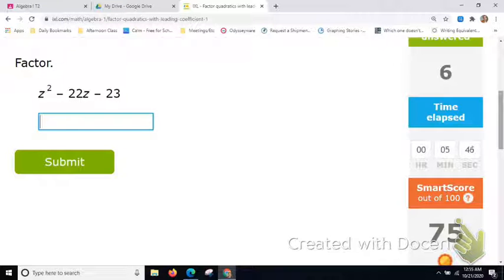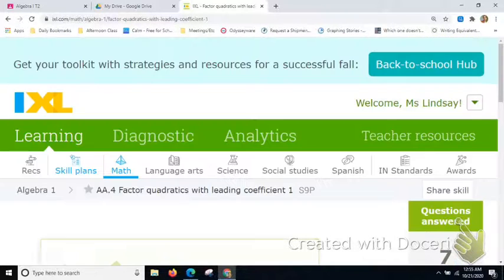Again, 1 plus 1 minus. If the two numbers are just one number apart, it's going to be the number and 1. Then you just have to pay attention about the signs. So negative 23, because the negative needs to be bigger to give us that negative 22 in the middle.